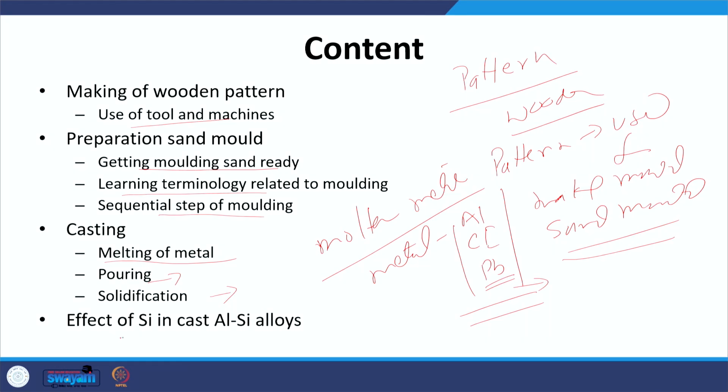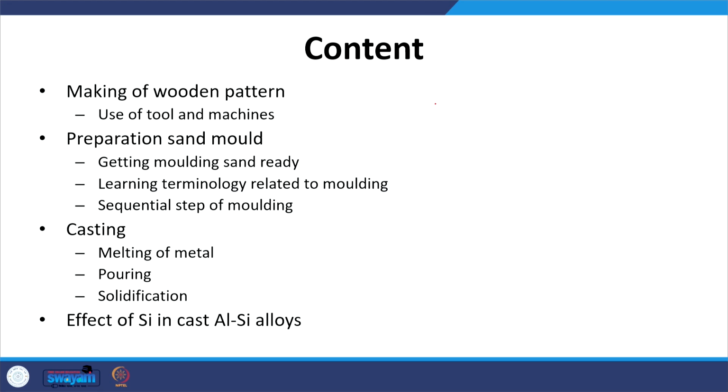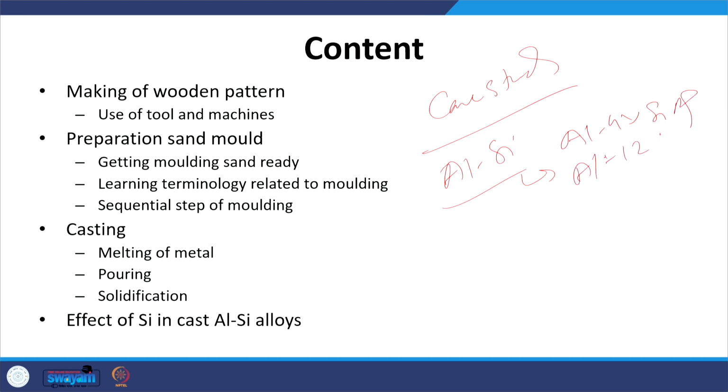Then we will take one case study involving the development of three types of cast aluminum silicon alloys: aluminum 4% silicon, aluminum 12% silicon and aluminum 20% silicon. These are the three types of alloys because the eutectic in aluminum silicon alloys is formed at 12% silicon.